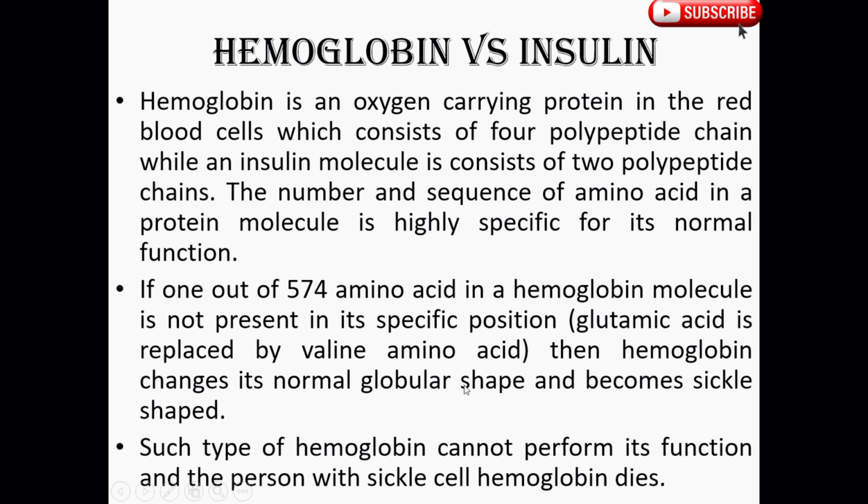Then the sickle shaped hemoglobin does not perform its normal function. So such hemoglobin cannot perform its function, and the person with sickle cell hemoglobin dies. The disease is simply known as sickle cell anemia.